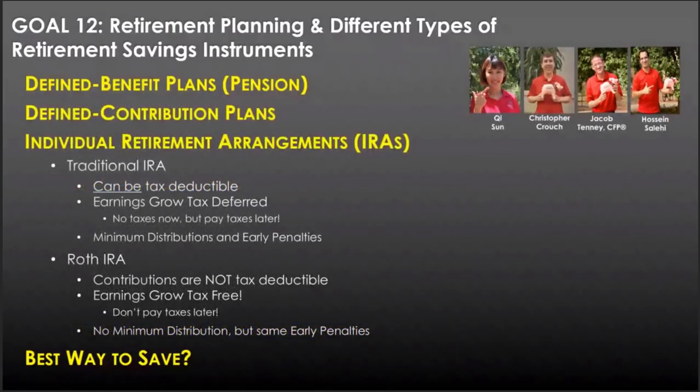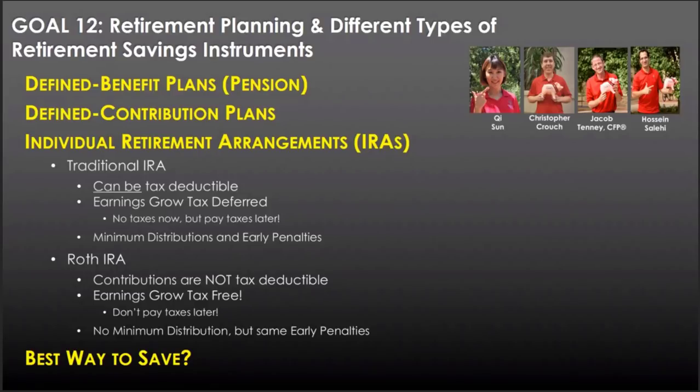So next topic is IRA, or individual retirement arrangements or accounts. So we have two types of IRAs, traditional and Roth IRA. The key takeaway here is that you need to know how taxes work in these two different types of accounts. So for traditional IRA, basically your contribution can be tax deductible, and so you're going to pay taxes when you are distributing from your traditional IRA.